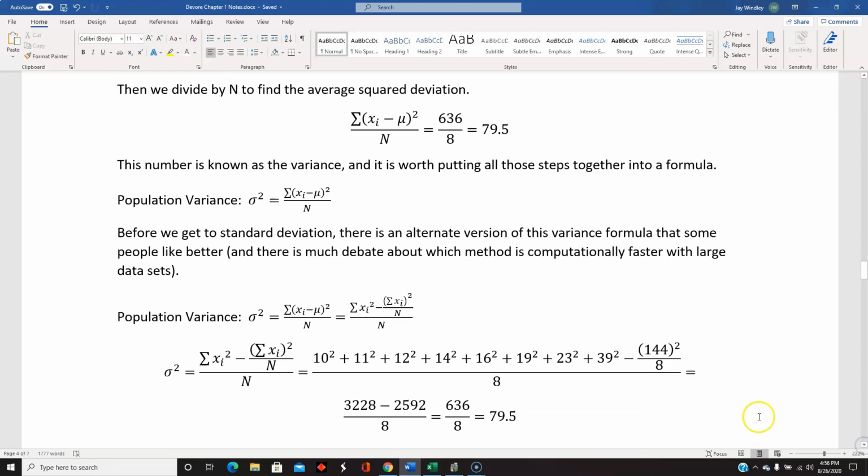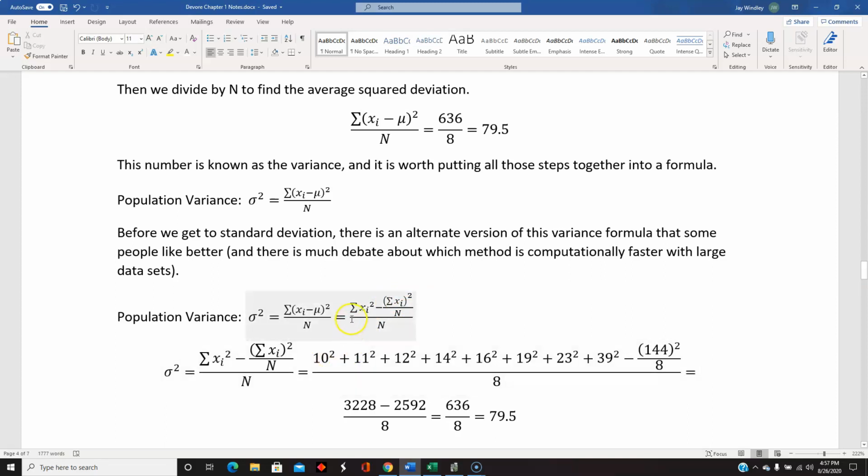And there's a little twist on this formula that, for whatever reason, mathematically works out to be exactly the same. Instead of doing the sum of the squares of how far all the numbers are from the mean, you can just do the sum of the squares of our individual numbers, and then subtract the sum of the numbers squared divided by n, and we'll end up in the exact same place.